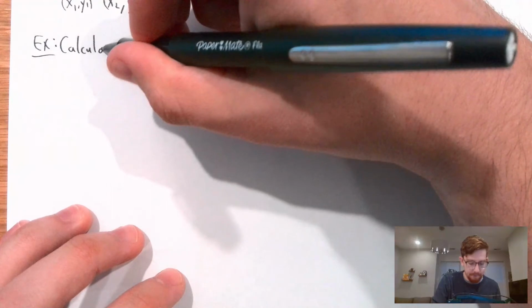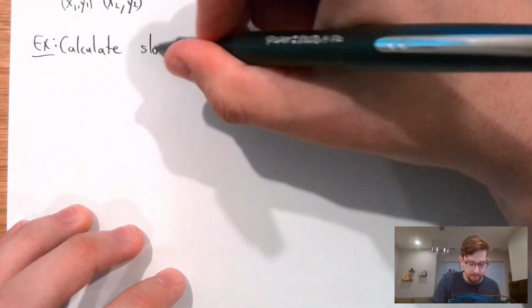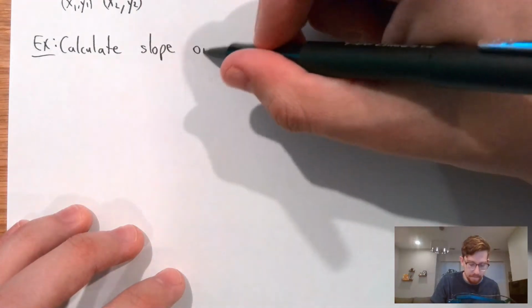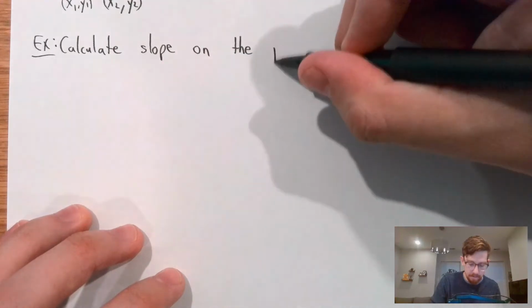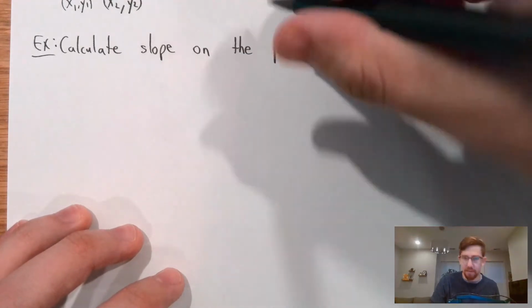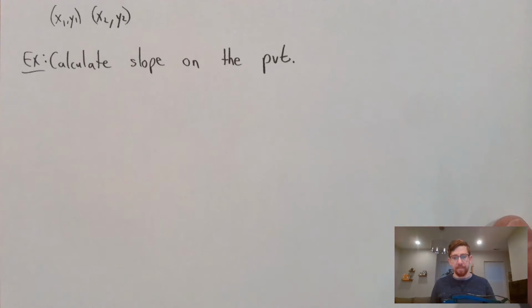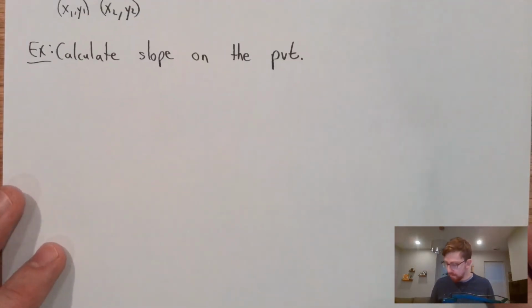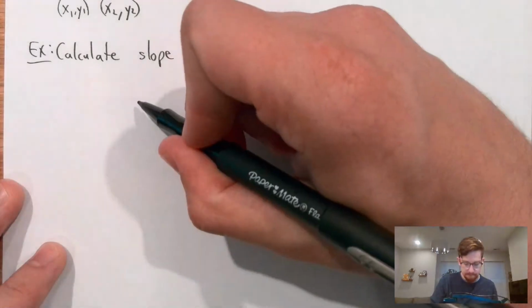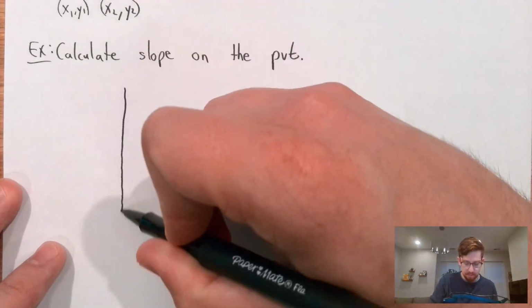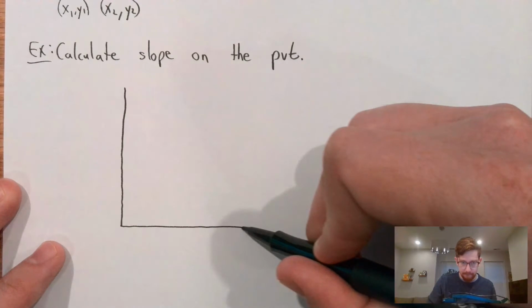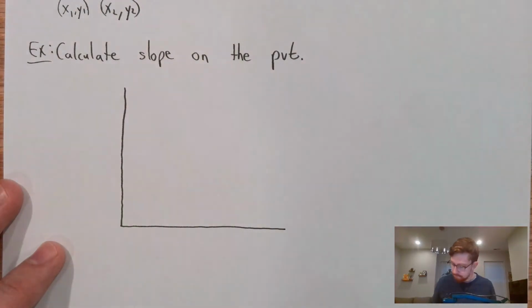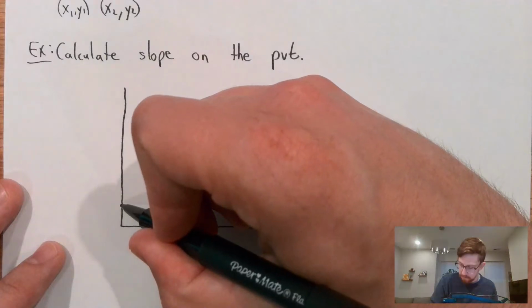Calculate slope on the PVT. That stands for position versus time. We're going to do a really basic sketch here. I'm going to make it kind of large because we'll be writing in it. Here's the y-axis.